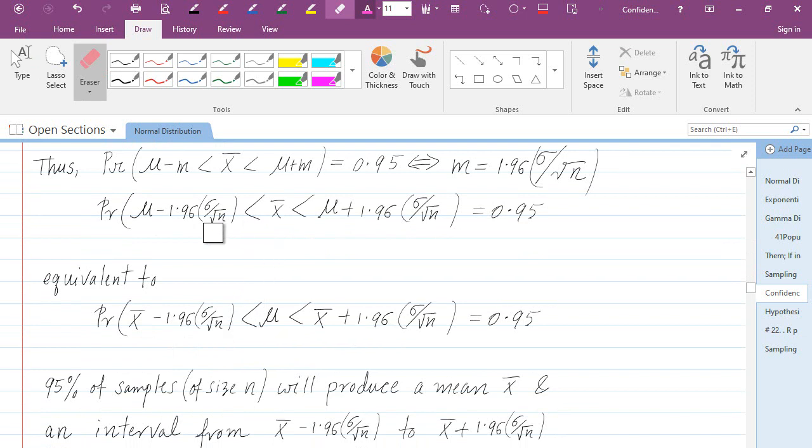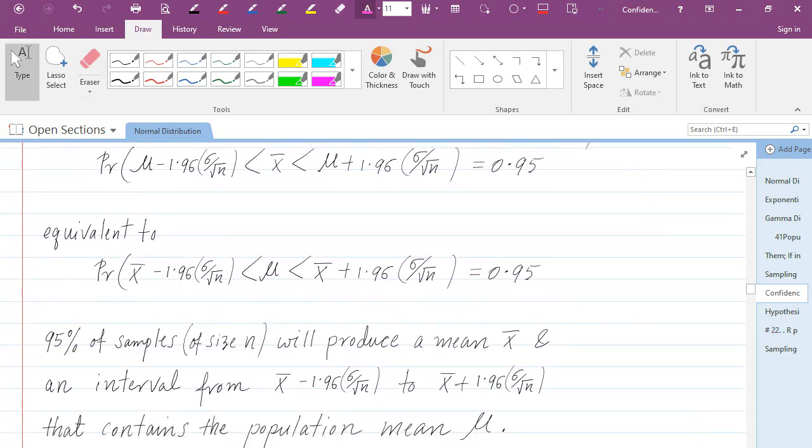That is, the population mean is bigger than x bar minus 1.96 times sigma over root of n and less than x bar plus 1.96 times sigma over root of n. And the probability of the event that the population mean is in this range is 95%.